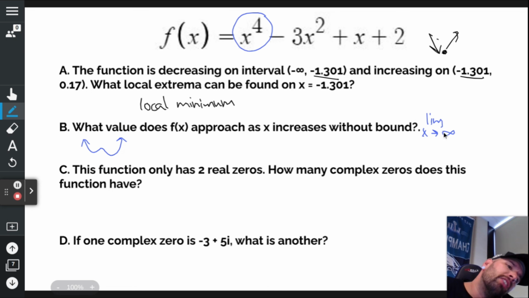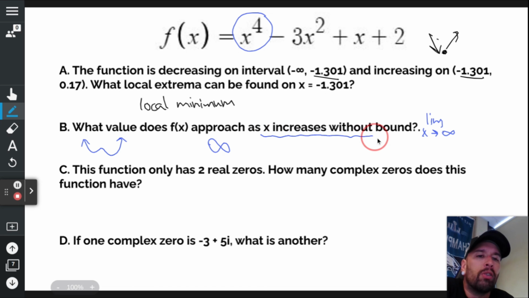So my limit as x approaches positive infinity is going to infinity. So my function approaches infinity as x increases without bound. And again, the phrase x increases without bound just means as x gets bigger, as x approaches infinity.